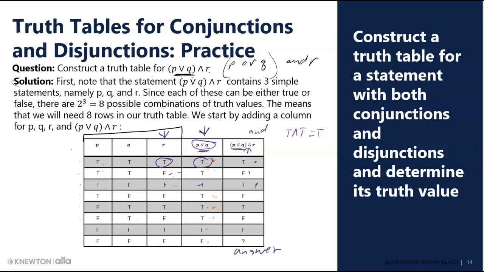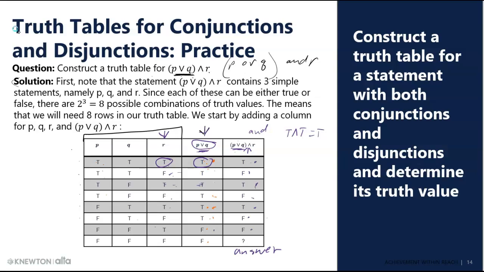I do it in steps, and I make a column for each of the steps. 4th row. R is false. I don't even need to look at P or Q. False. 5th row, I have 2 trues, so I get a true. 6th row, R is false, so I get a false. 7th row, R is true, but P or Q is false, so I get a false.